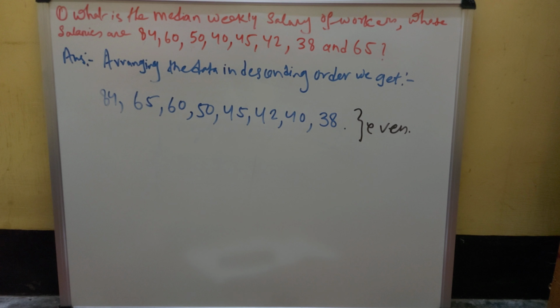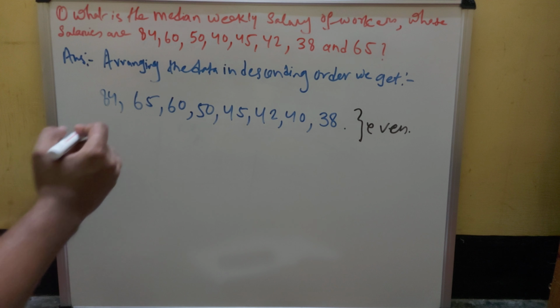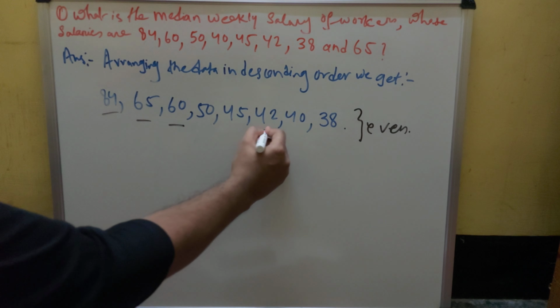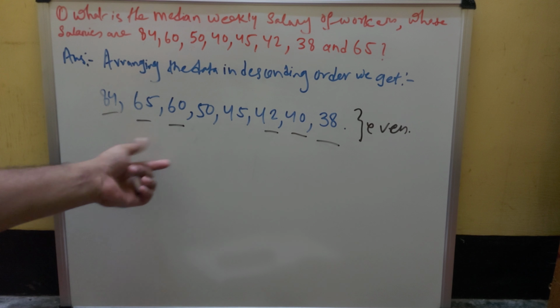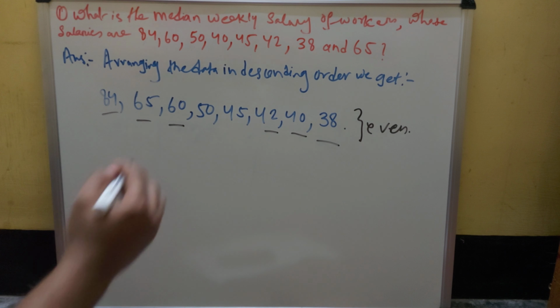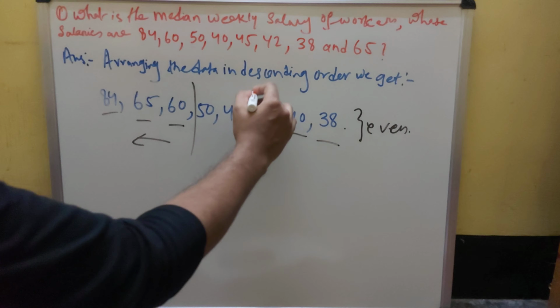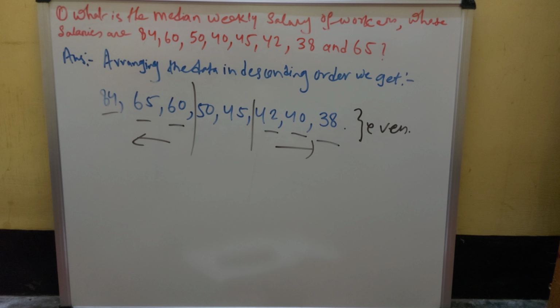Okay? So whenever even data are given, at that time you can't select a single number to find the median. So in this case what will we do? In this case we will take two numbers. How? Look, 1 2 3, 1 2 3. If we split two sides equally, like 3 on left hand side and 3 on right hand side, okay?